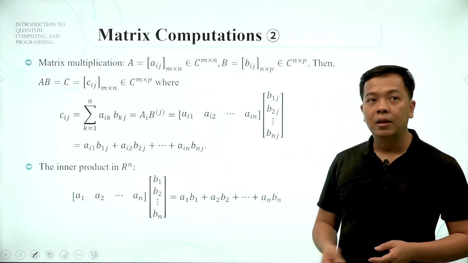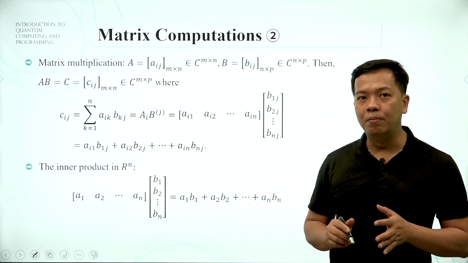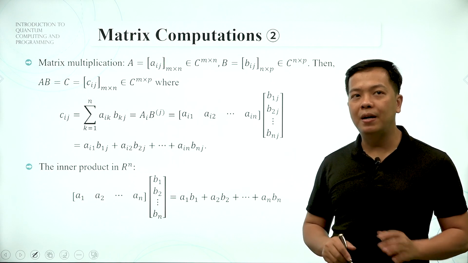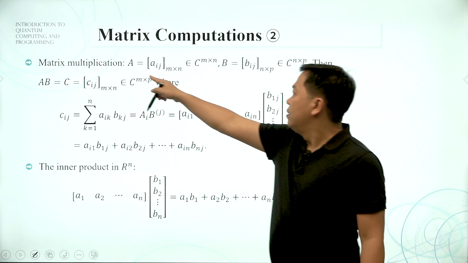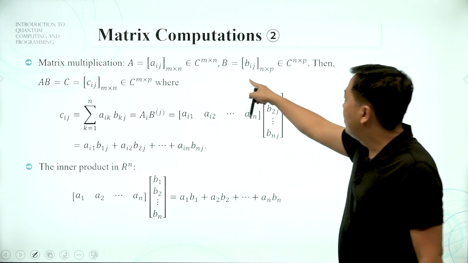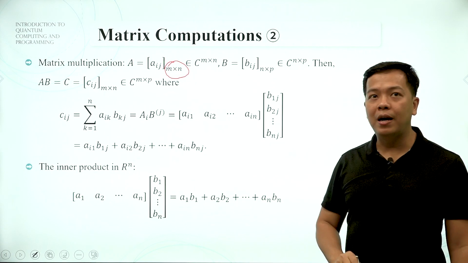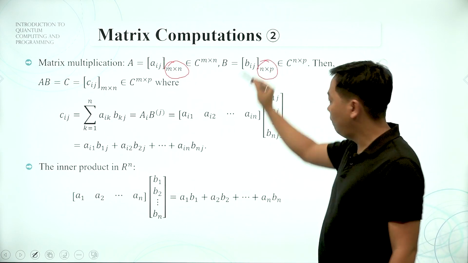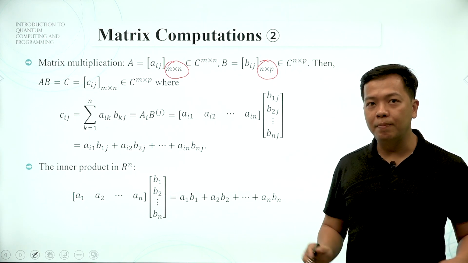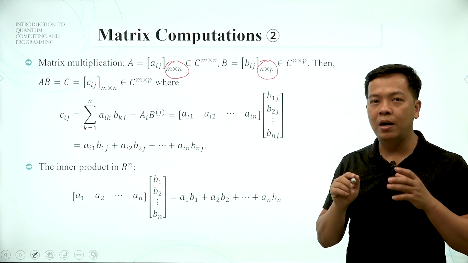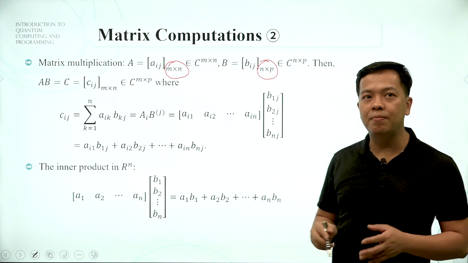And about the matrix multiplication, this part is one of the most difficult parts, but I will tell you how to do it very quickly. We have the matrix A multiplied with matrix B, and you see this kind of dimension M by N, and N by P. This one is very important. You need to remember, if you want to multiply two matrices, the dimensions need to match each other.